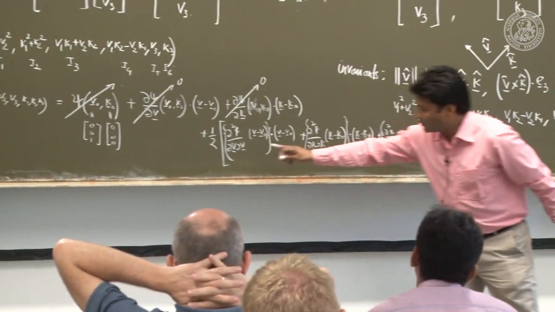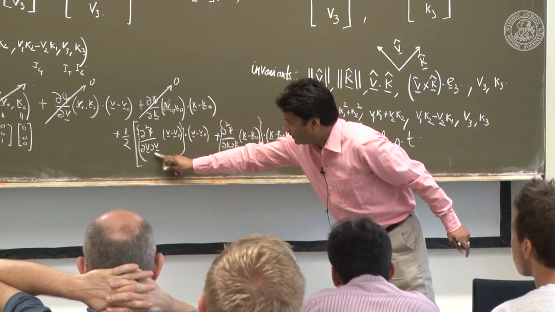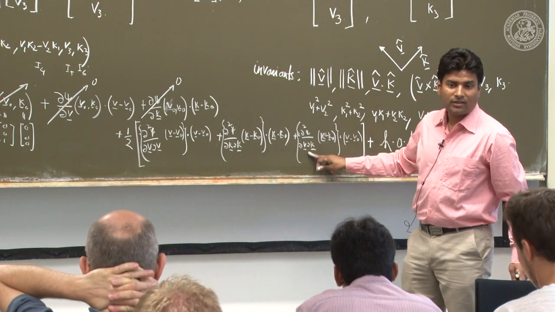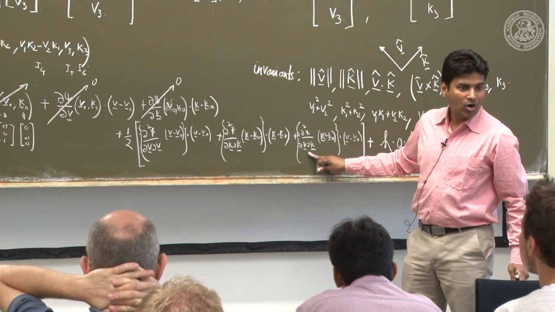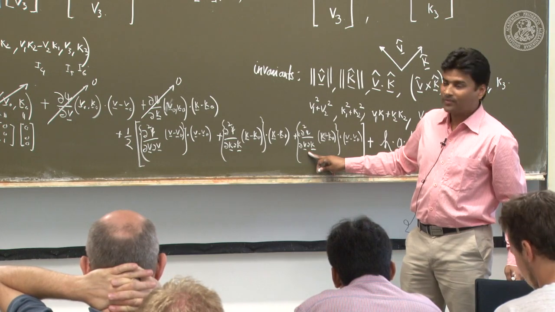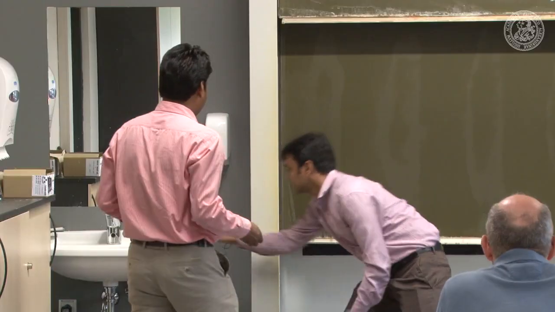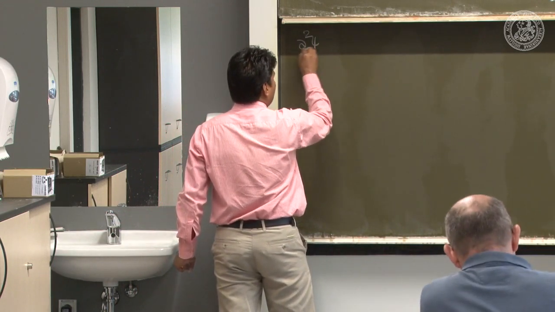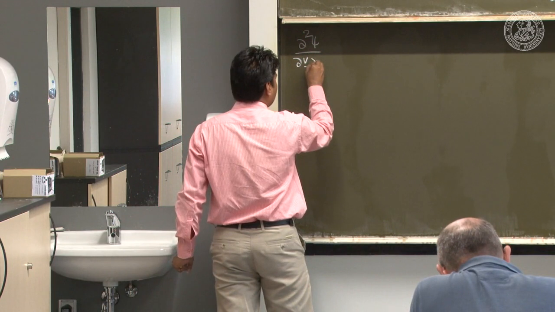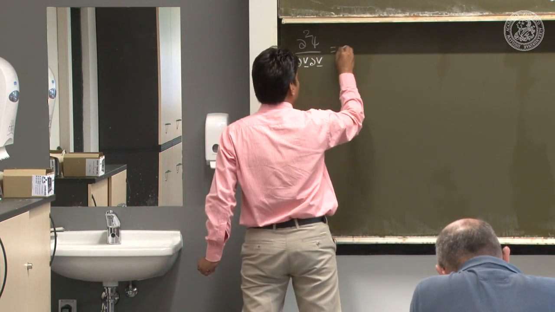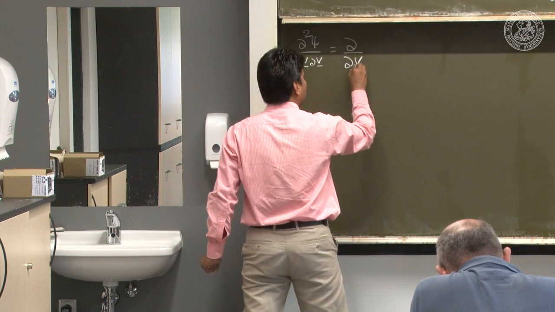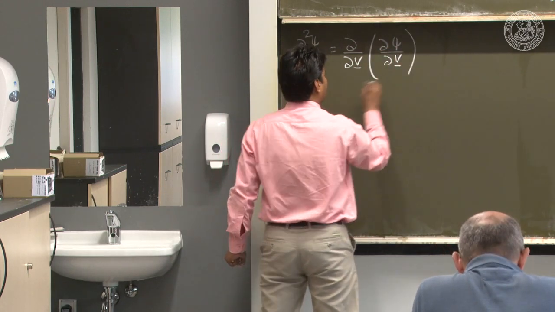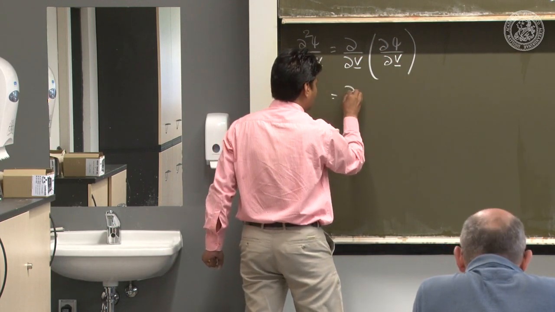So we have to now get these constants, del 2 psi over del V, del 2 psi over del K, and del 2 psi over del V del K. How do we get them? So let's say I want to get del 2 psi over del V. This is equal to del over del V of del psi over del V. This is not really easy, but that's what we have to do.